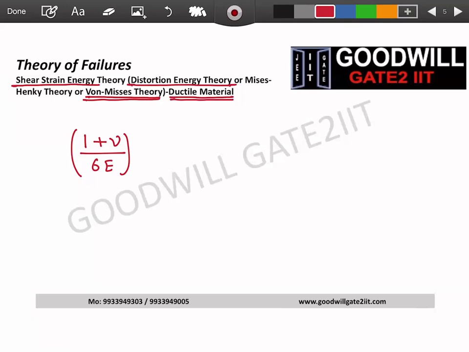So, distortion energy is basically given as sigma 1 minus sigma 2 whole square plus sigma 2 minus sigma 3 whole square plus sigma 3 minus sigma 1 whole square. I told you any theory of failure will work only with principal stresses.